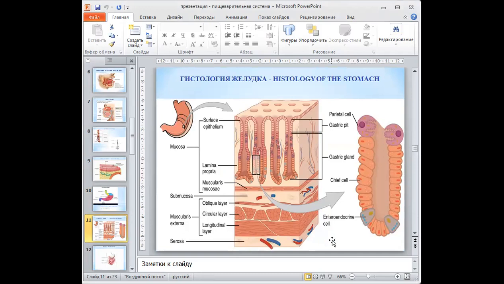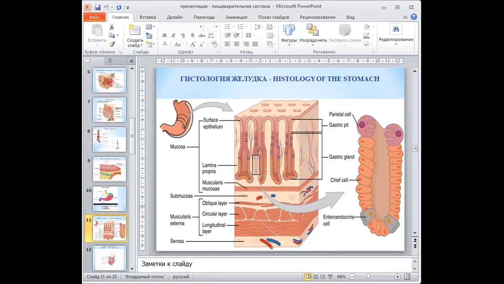There are 3 types of glands in the mucosal shell: the cardiac glands, gastric glands, and pyloric glands. If a gland excretes pepsinogen, it is called a main gland. If the gland excretes hydrochloric acid, it is called a parietal gland.